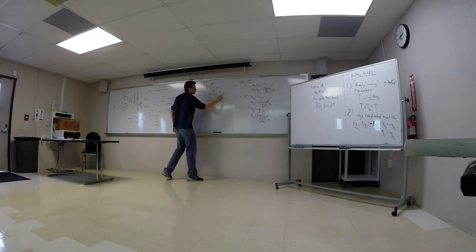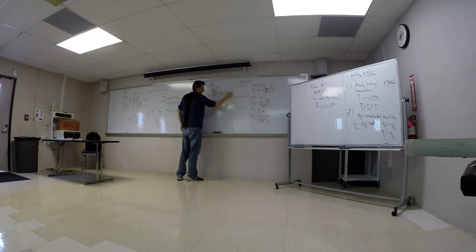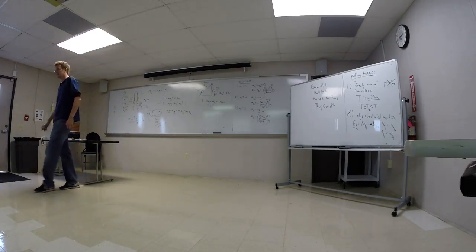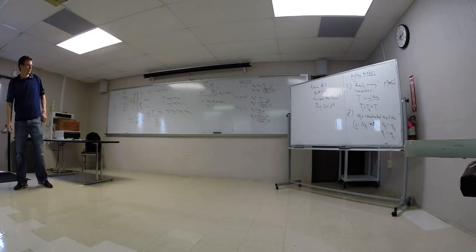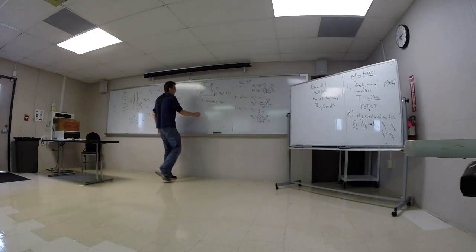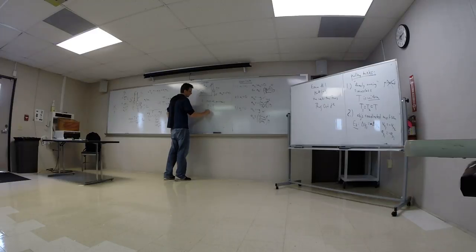Negative 5, right? It's got to have the same size of acceleration because they're attached. And I happen to have set the y direction to be opposite the motion here. So in this case, my coordinated motion statement would be ax1 equals minus ay2.